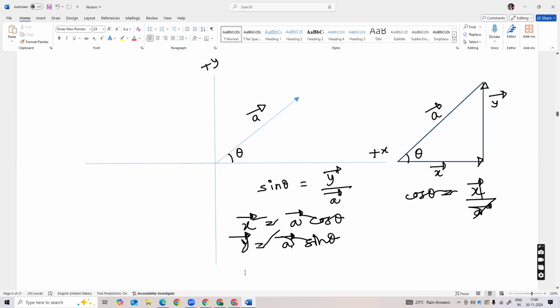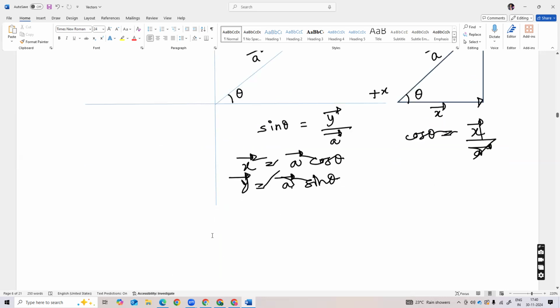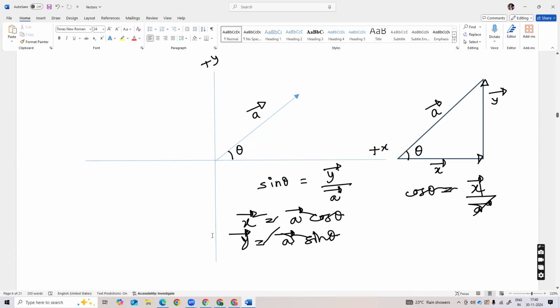So this is how we find out, or resolve, the given vector.